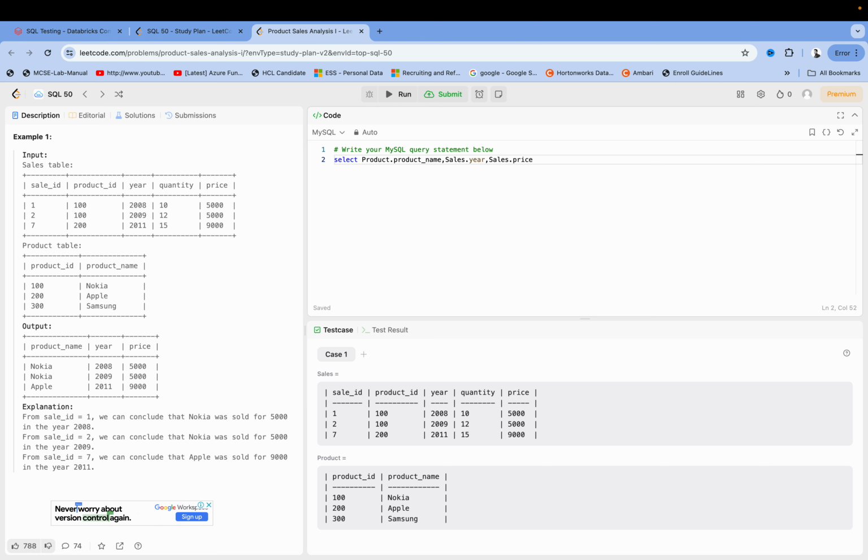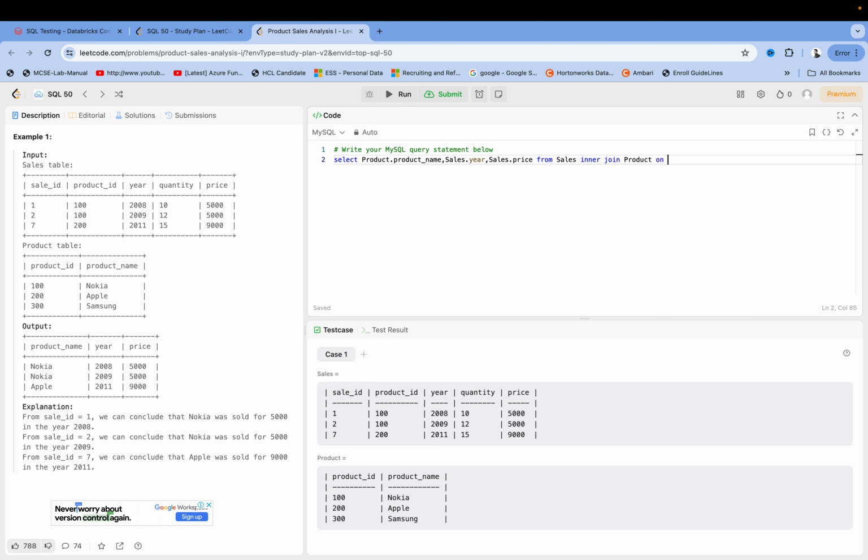price. From which table? We need to give Sales table as the table, from sales inner join. Okay, inner join Product table, we'll give this inner join on Product table.